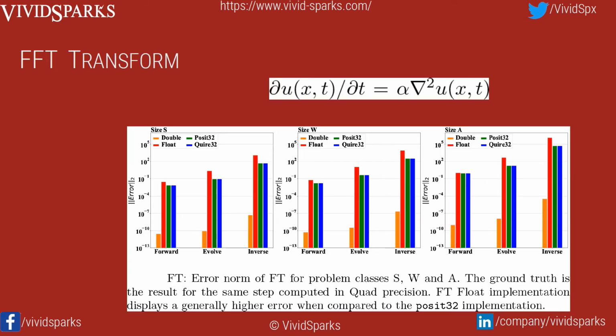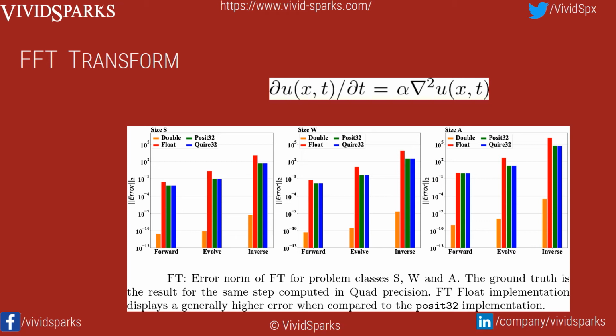Another example, I would say, is in DSP, the FFT transform. FFTs are computed using this partial differential equation as shown in the slide here. This is a 3D partial differential equation, PDE, using three steps: the forward FFT, then evolve by multiplying by a factor, and then the inverse FFT.